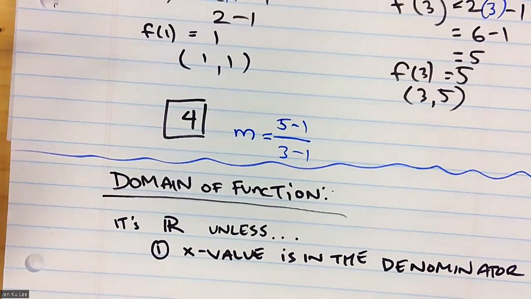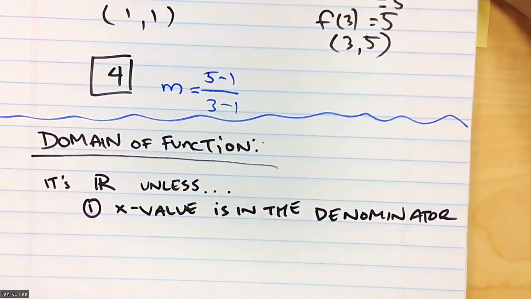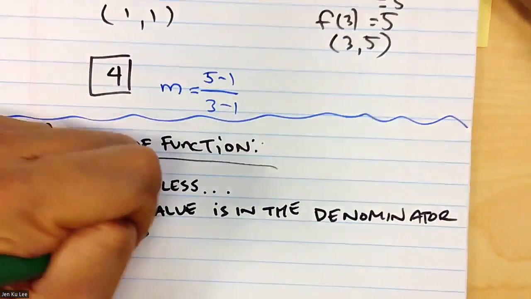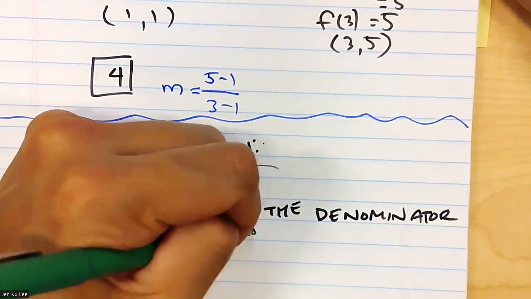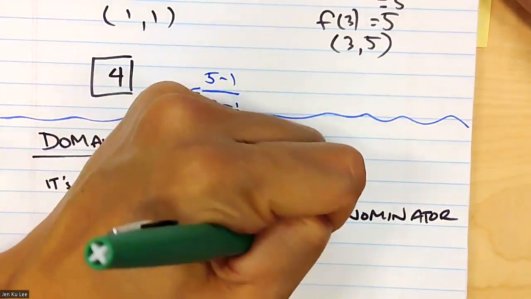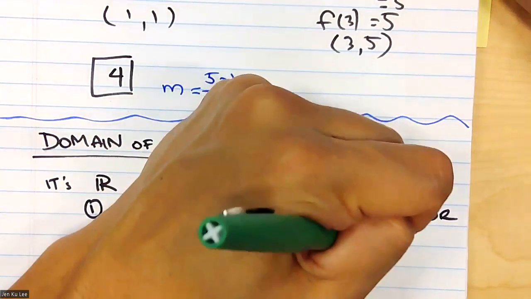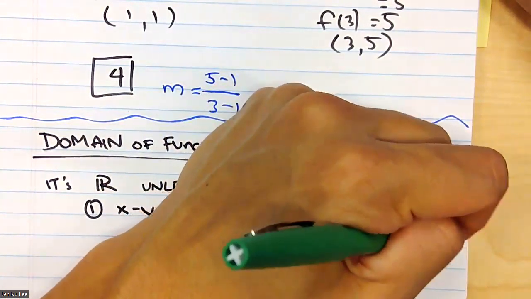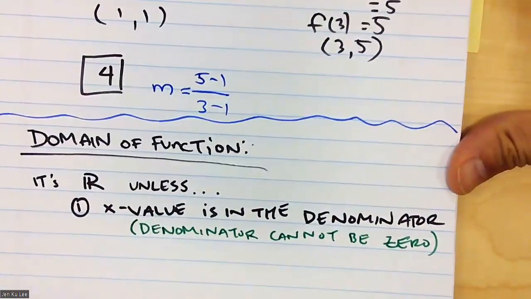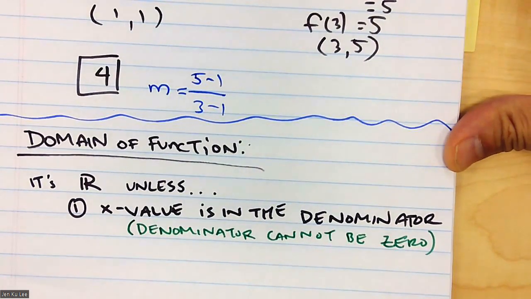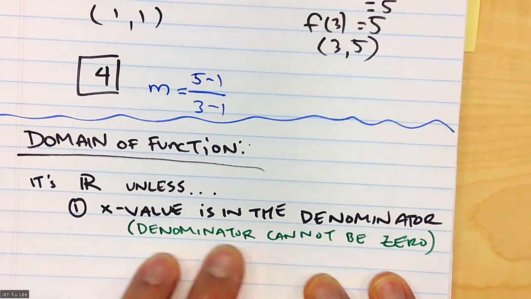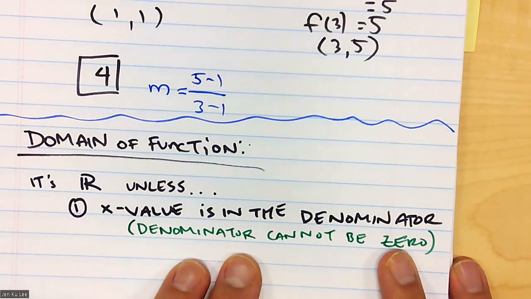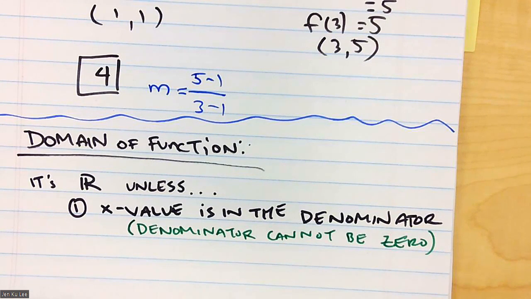Why that's the case is because your denominator cannot be 0. So we just have to set it, figure out what makes it 0, and make sure that x does not equal that.